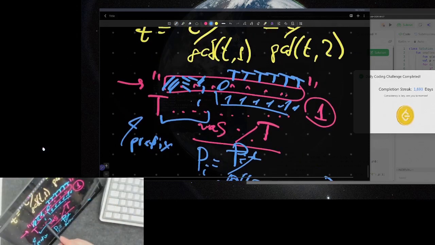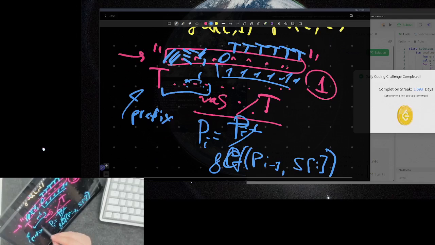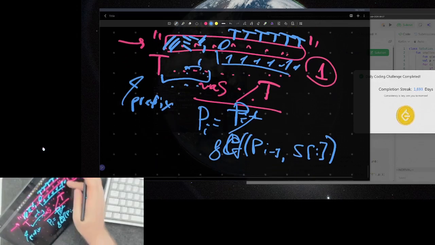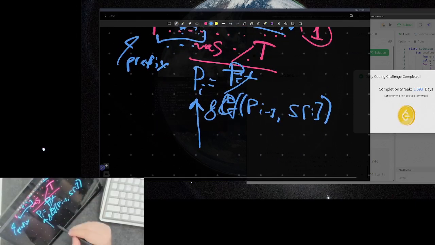So we're going from the previous position to the current position one by one, and that means the value at this position is what's left over from the t.